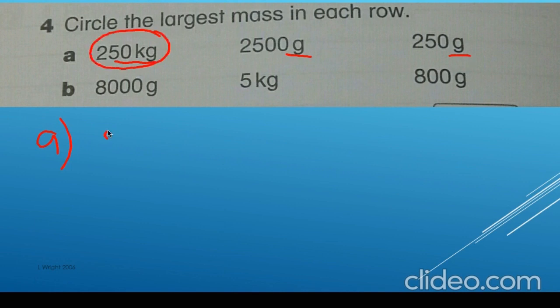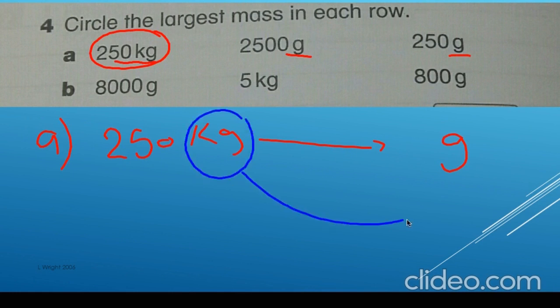So what we will do, we will take it and convert it to gram. From the biggest unit to the smallest units, what we will do? Yes, we will multiply with 1,000. Don't panic with the large numbers.